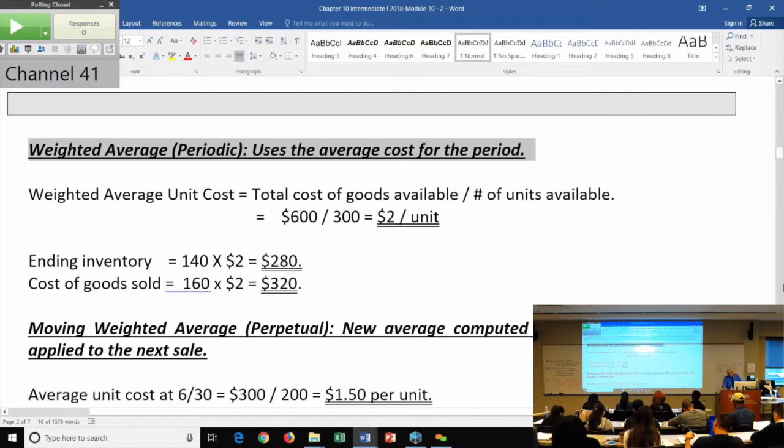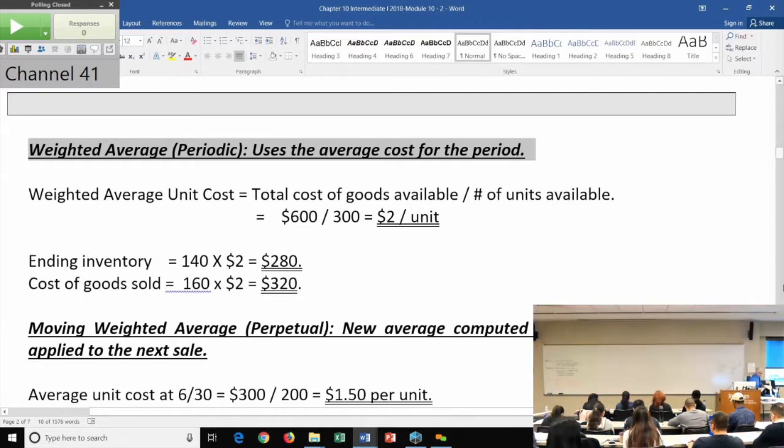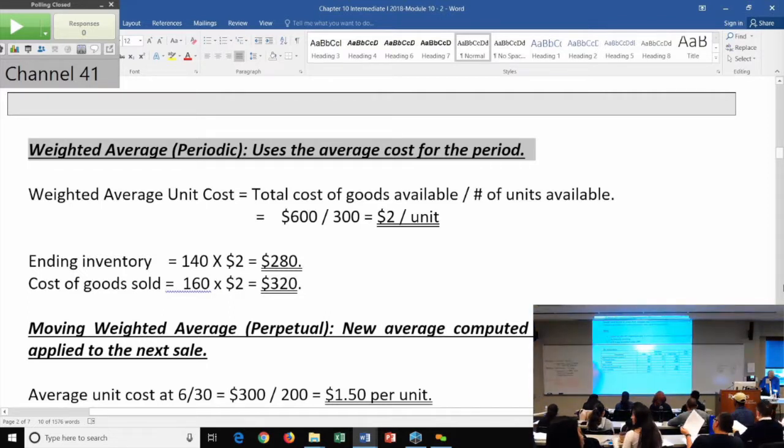Where do we get that from? We're going to go back to the sheet that I handed out to you so you can use it as a reference. If you notice, the bottom of the table gives you the total goods available, 600, and units available, 300, so the average cost is $2 per unit.